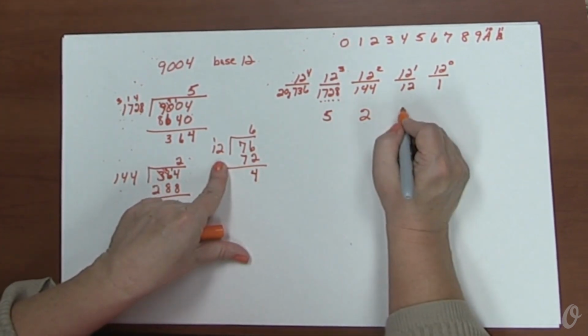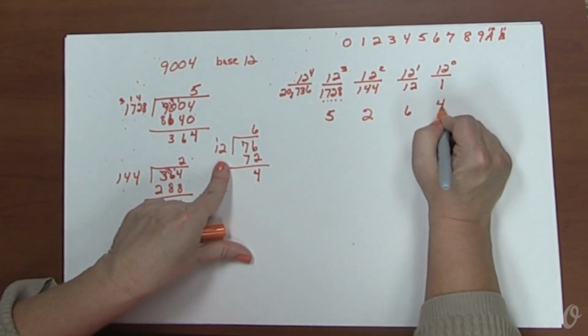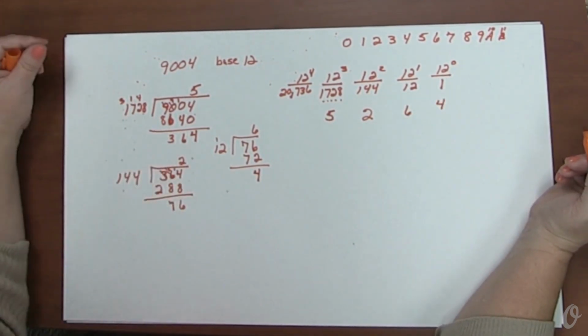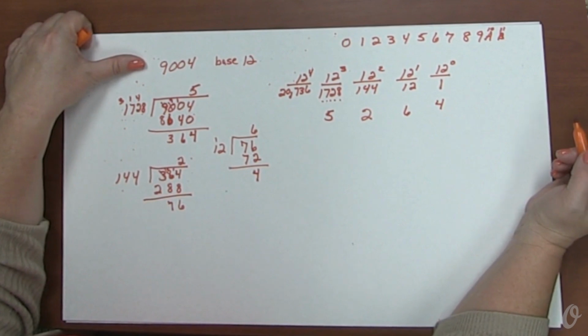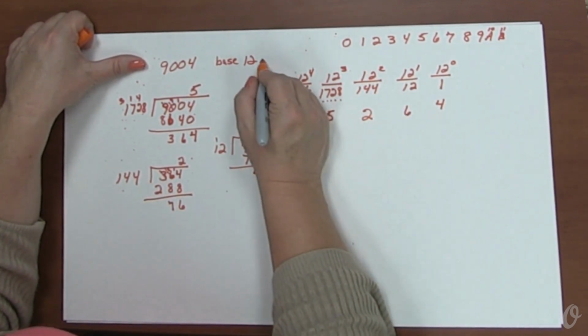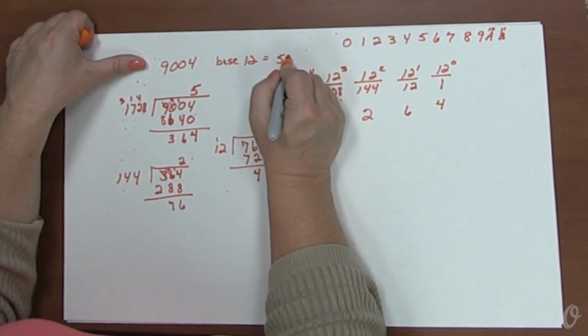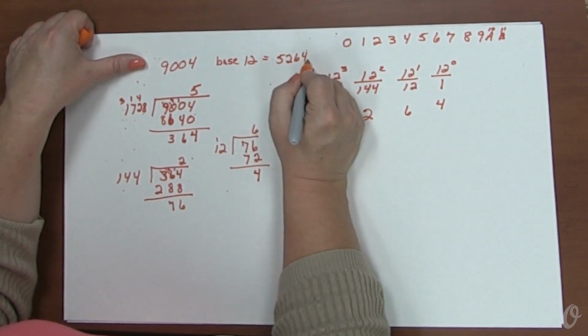So in groups of 12, I have 6 with 4 left over. So 9004 is equal to 5264 in base 12.